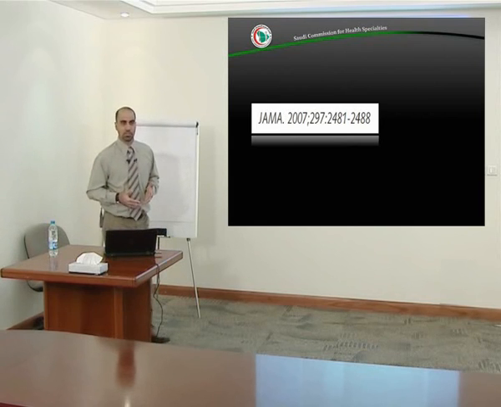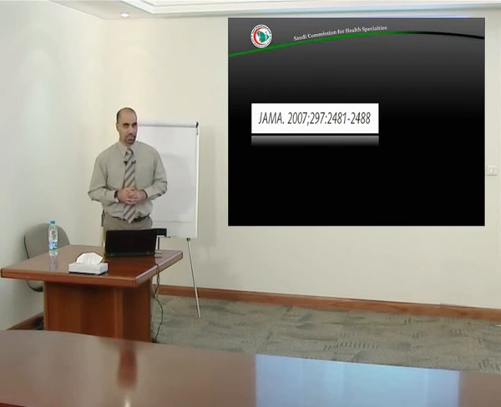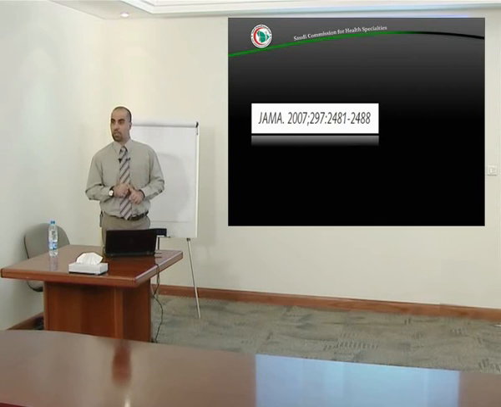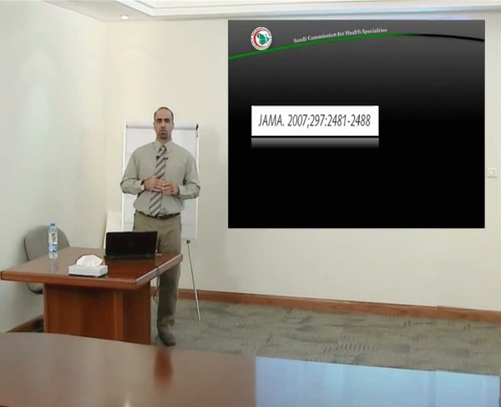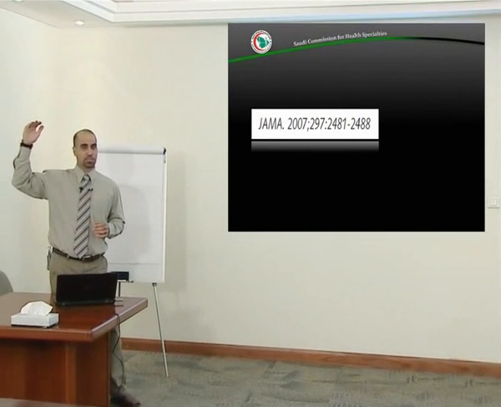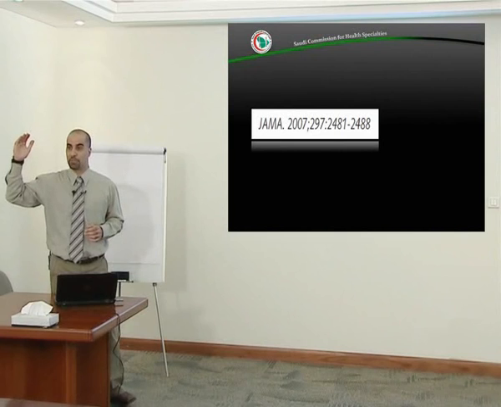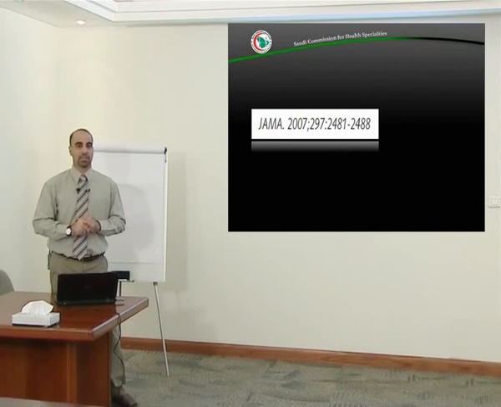Now, is it important for us to look for this? Absolutely, yes. Why? Because there are two main things that I should look for in a reference. The first one is the journal name, and the second one is the year of publication. The journal name is very important because there are so many different journals in the medical field, from the top journals like JAMA, Lancet, New England Journal of Medicine, to the very low quality type of journals.